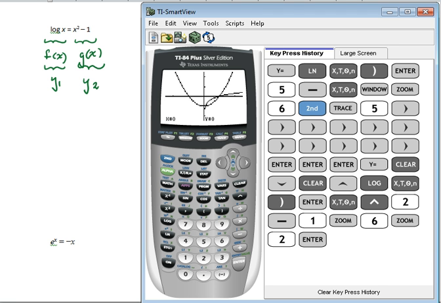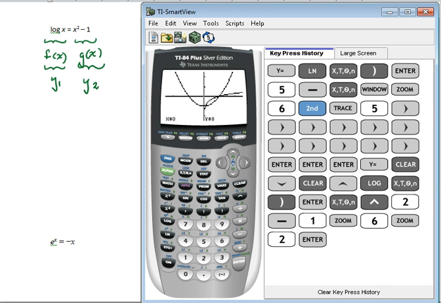And we see that there are 2 points of intersection. One close to the y-axis, and one somewhere around x equals, I think, 1, depending on what those tick marks are representing.